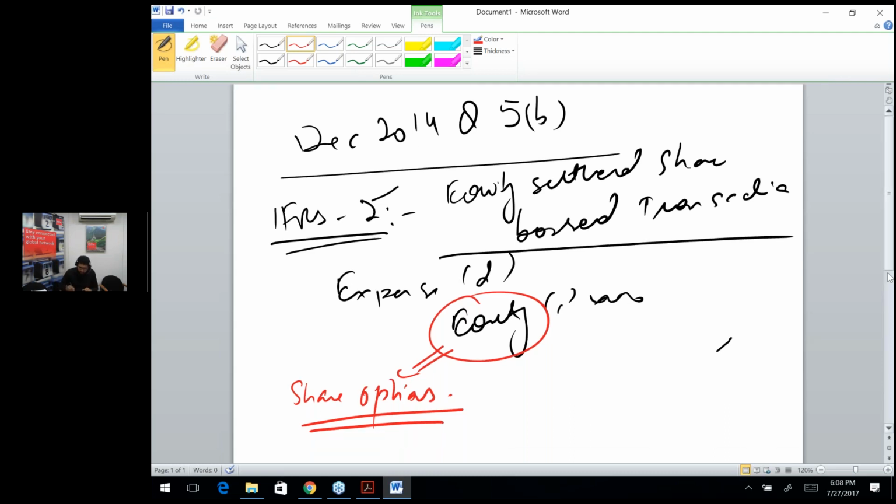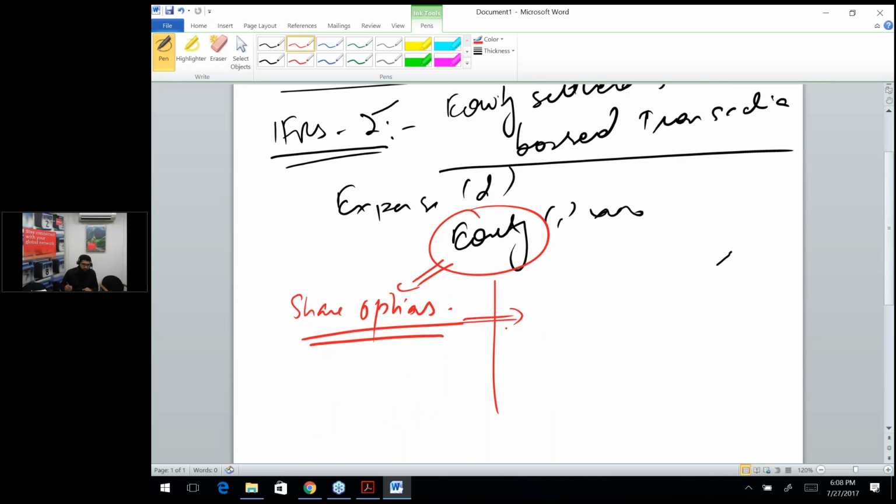Whenever you grant share options to anybody, you are giving them an option that if they want, they can buy the share. If they don't want, they don't buy the share. So the option holder has two choices: either he could exercise the option or he could lapse it.